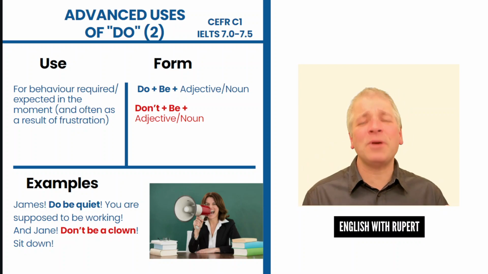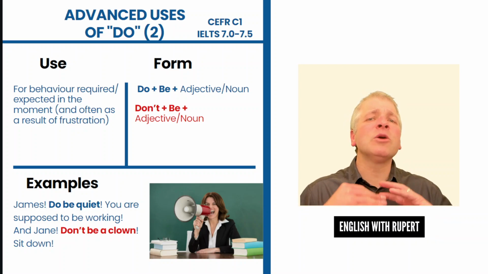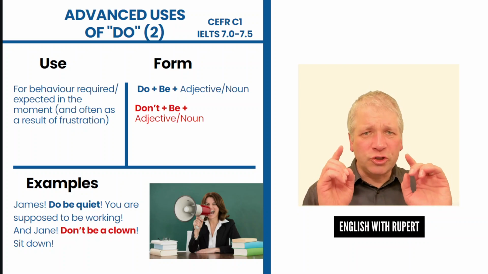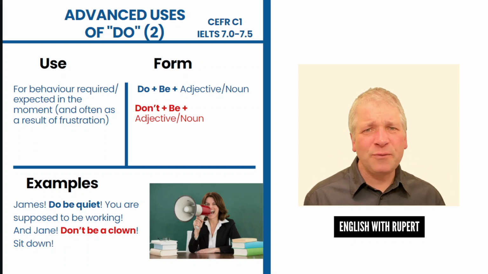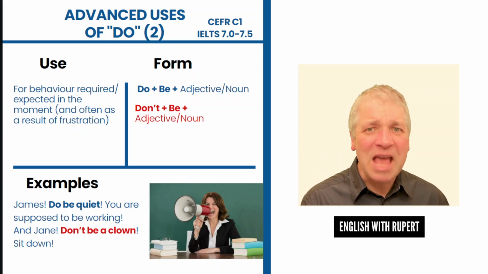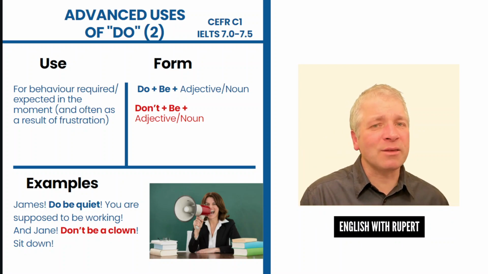And the verb to be fits that well, because you're telling someone how you expect them to be. So do, followed by be, followed by an adjective or a noun, indicates required behaviour, or behaviour that you don't want if you're using the negative form.